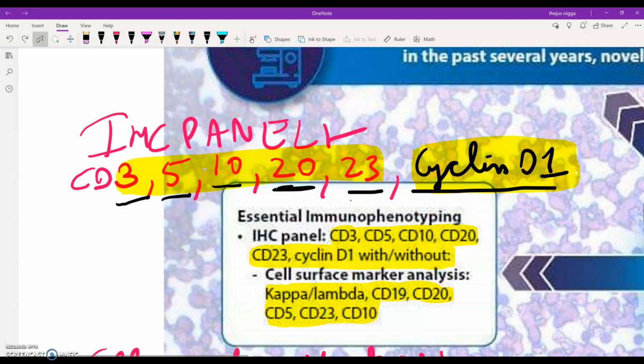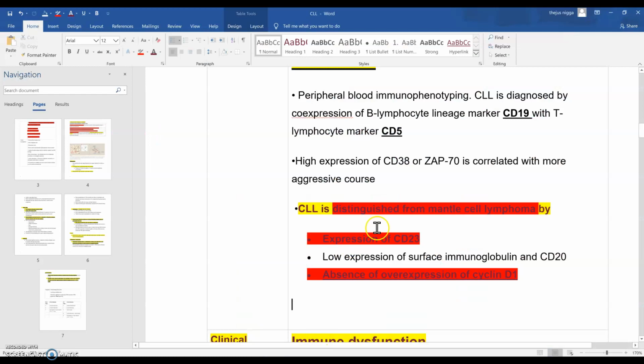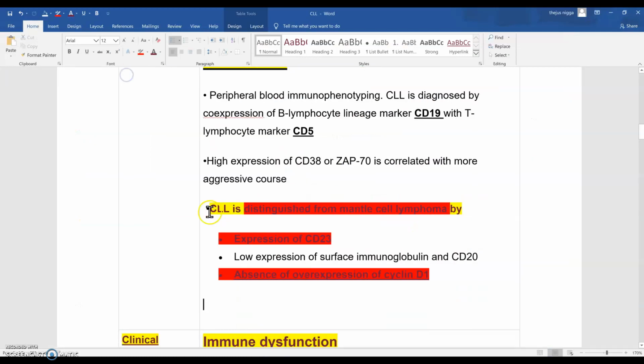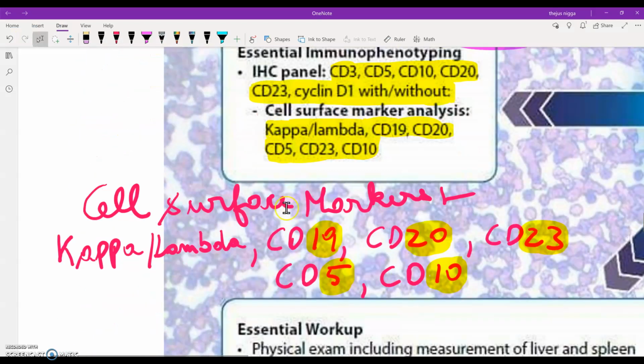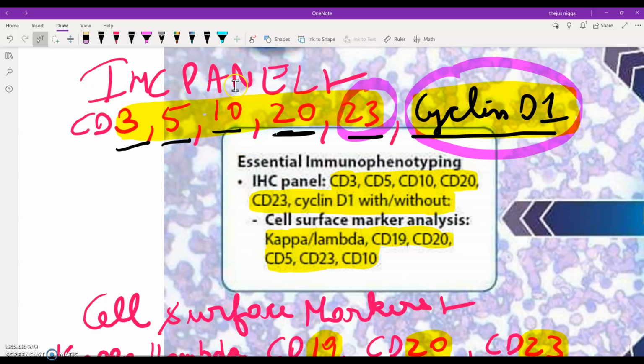What's important is 23 and cyclin D1 because it differentiates it from mantle cell lymphoma. CLL is distinguished from mantle cell lymphoma by expression of CD23 and absence of overexpression of cyclin D1. That's how you differentiate it from mantle cell lymphoma.